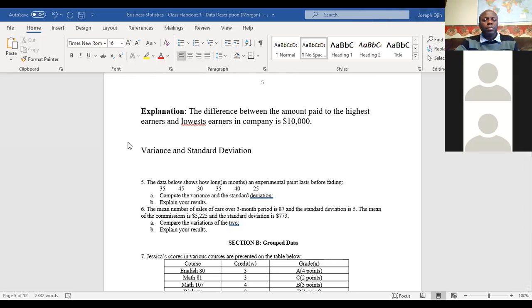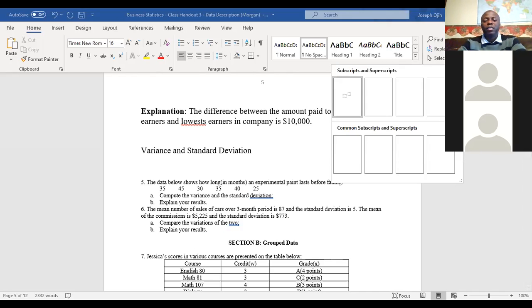So, the variance will be, because we're looking at sample variance, it's going to be S squared to show that it's a variance.